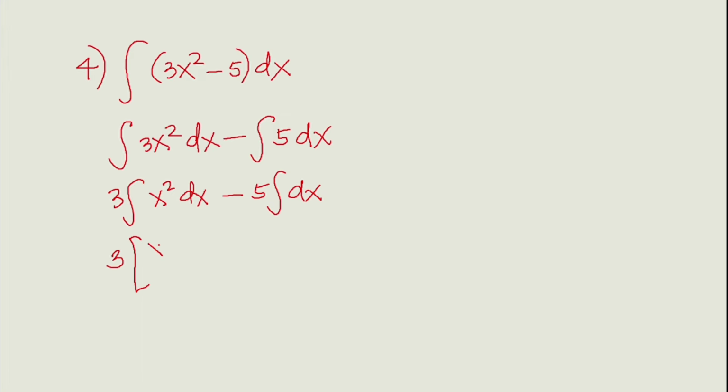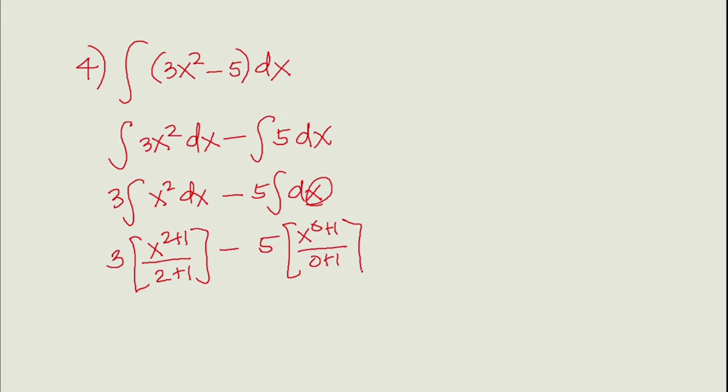Again, this is x to the 2 plus 1 over 2 plus 1, minus 5. Since the variable for integration is x, this is x to the 0 plus 1 over 0 plus 1, then plus c. So we have here 3x cubed over 3 minus 5x plus c.